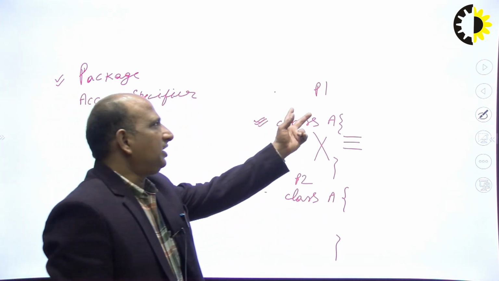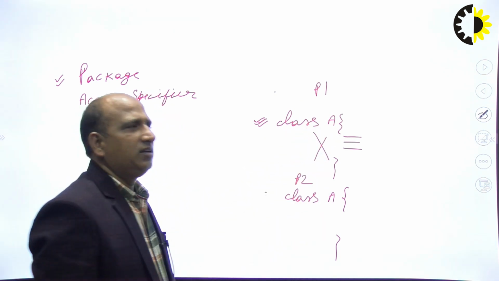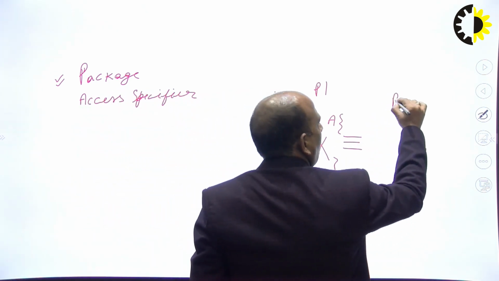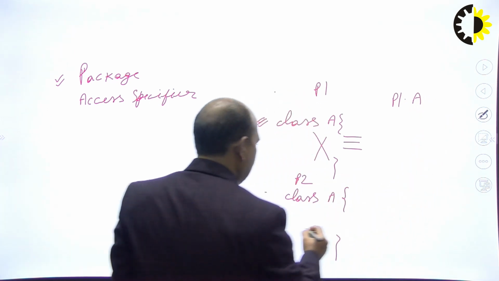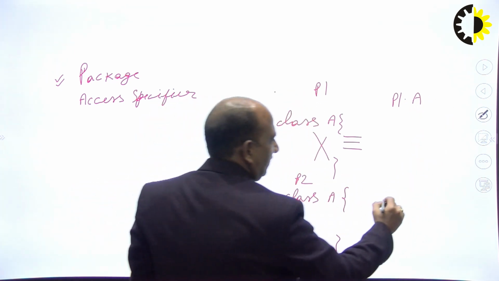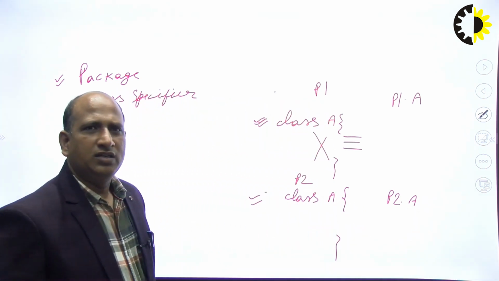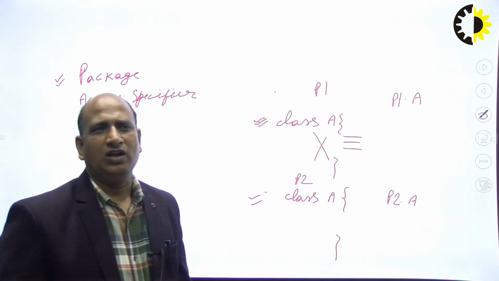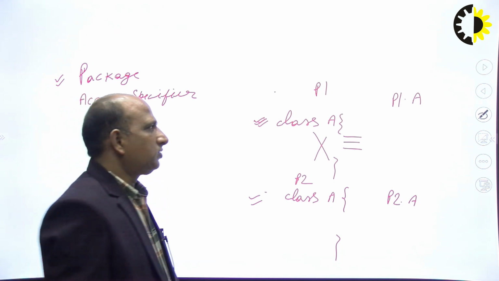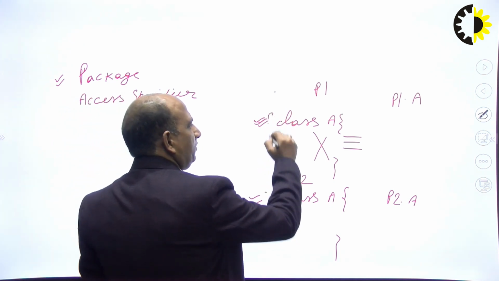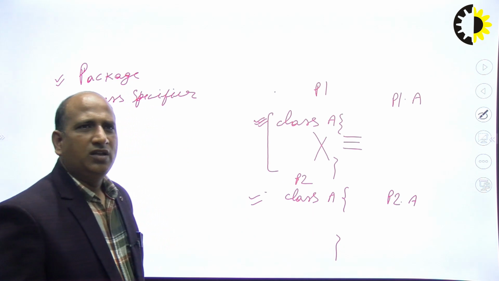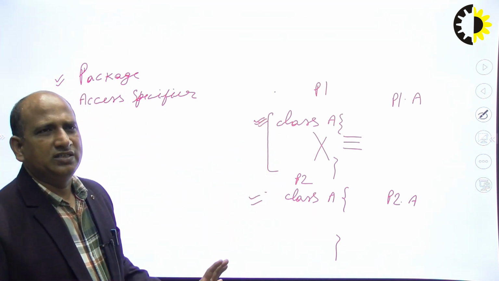Now this class will be identified by P1.A, and this class will be identified by P2.A. This is also called the fully qualified name. So now the name resolution problem will not be there in both the cases.